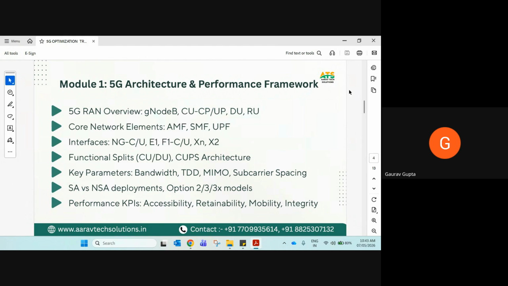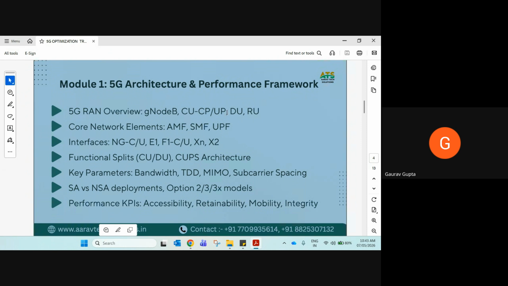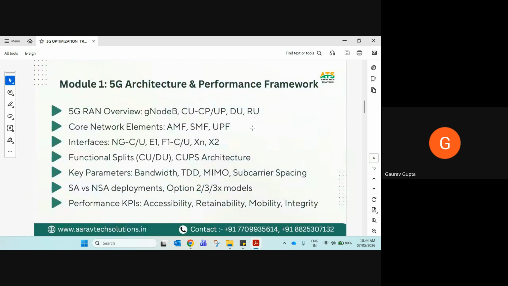So the architecture topics will be covered starting from the nodes, the components of RAN, and not only RAN, the core as well, because 5G has two modes of deployment, SA and NSA. SA stands for standalone deployment mode, and NSA stands for non-standalone deployment mode. What does it mean? Standalone means the architecture will be purely 5G.